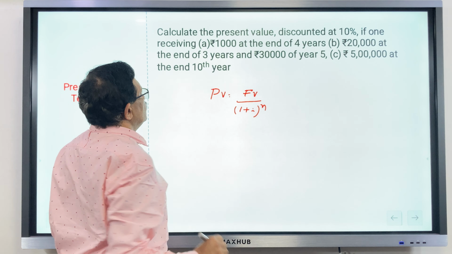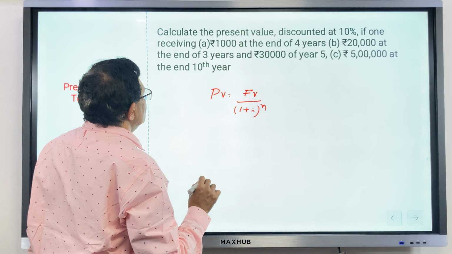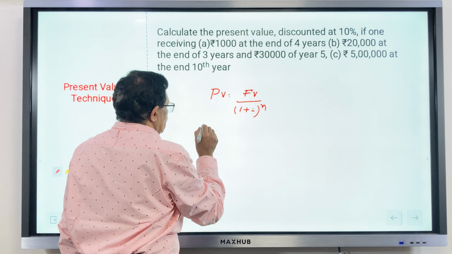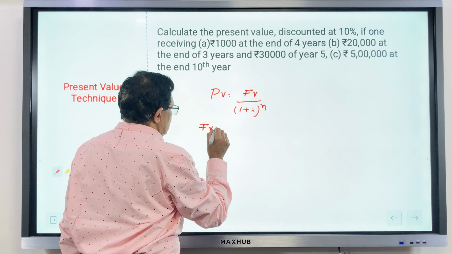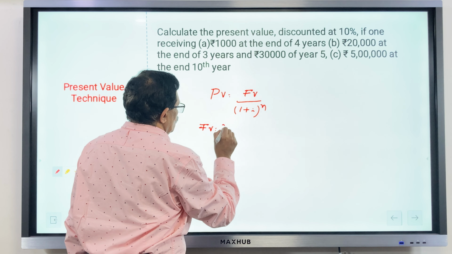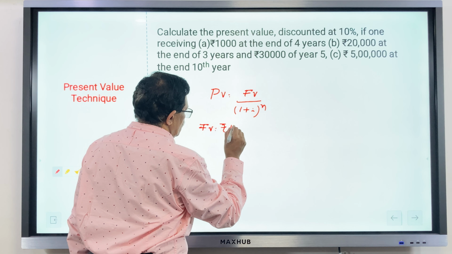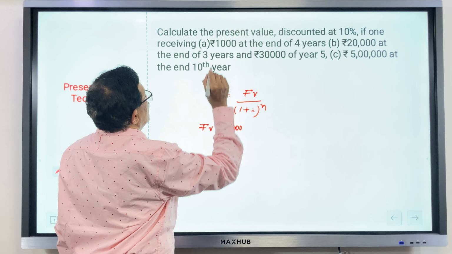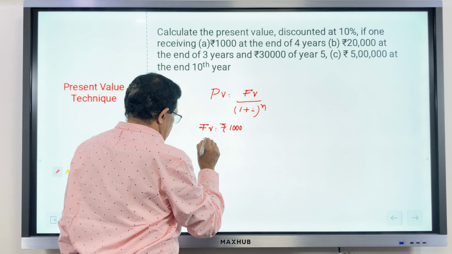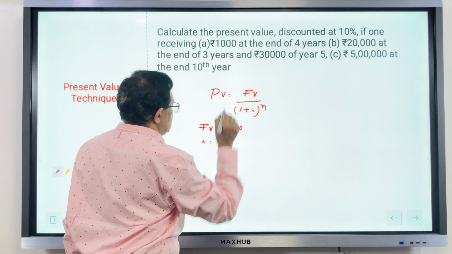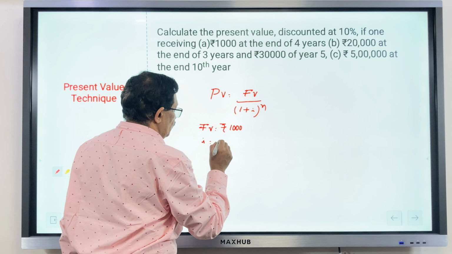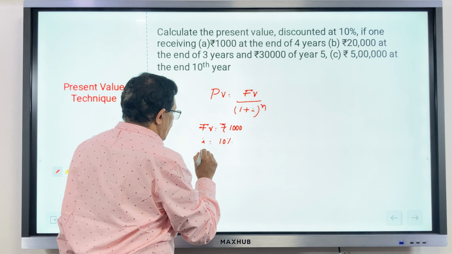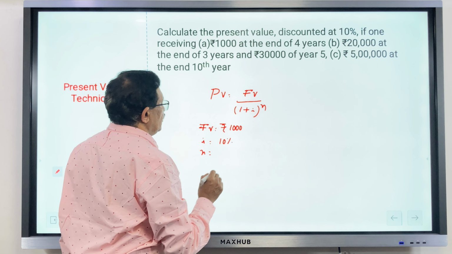In the first bit, we know that the future value is equivalent to rupees 1000, and the I, that is interest, which we call the discount factor, is 10%, and n given in the problem is 4 years.